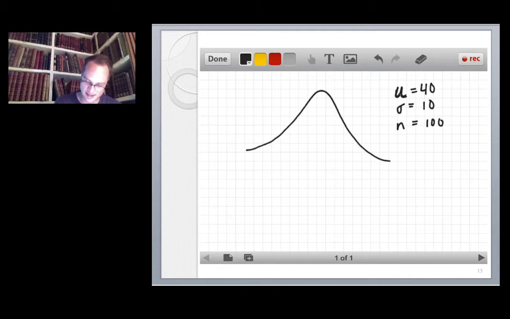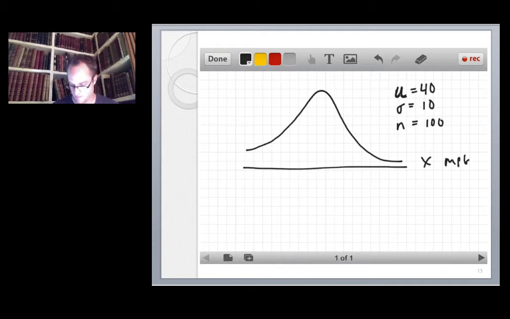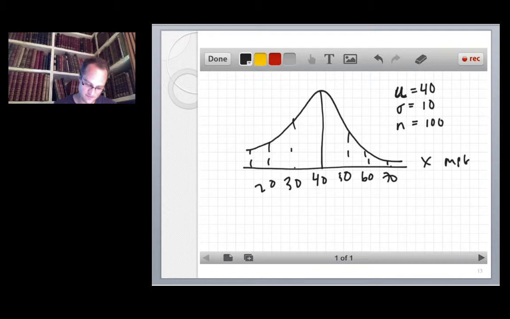The population data set, which is X, is miles per gallon. Notice X is on the axis. It's centered at 40, with a standard deviation of 10, so 50, 60, 70, going 3 standard deviations in all directions. This is the population data set.